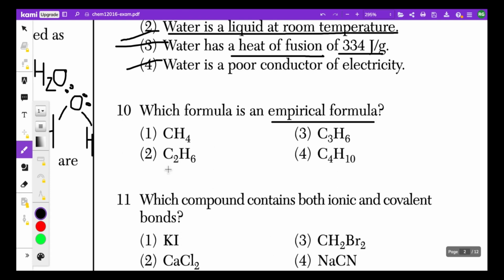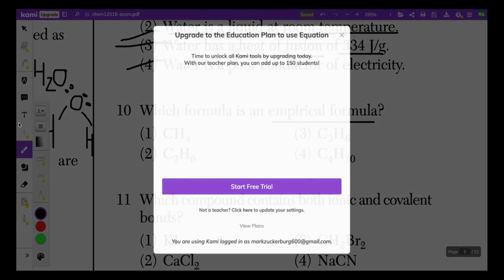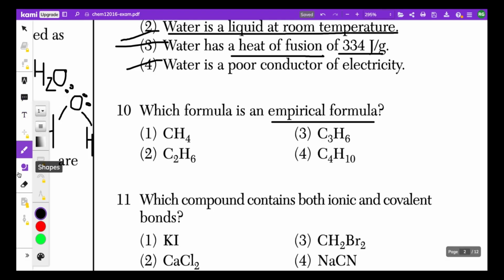Empirical formula. What's an empirical formula? Well, let me show you something. Let's look at answer choice number 2. This is not an empirical formula. Why? An empirical formula is the simplified version of a molecular formula.